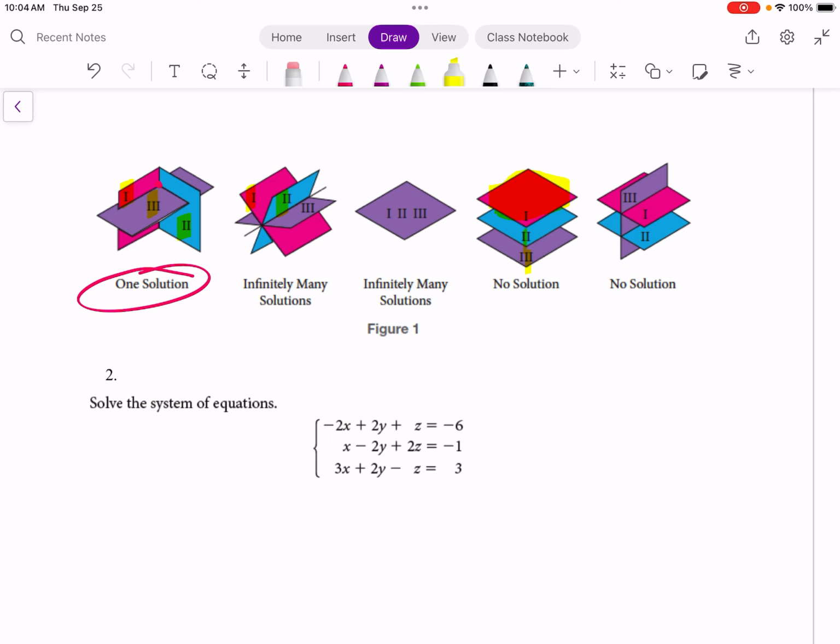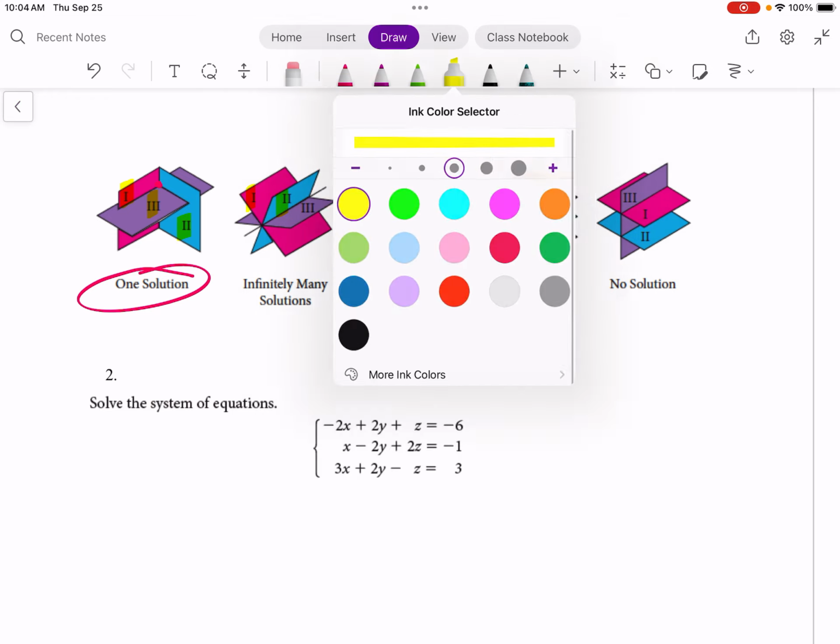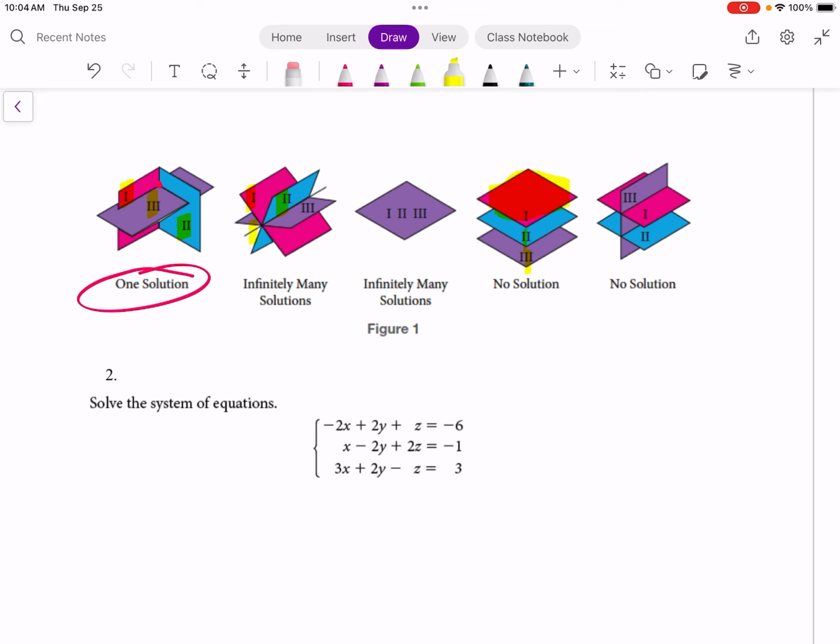So if three planes are connected in a straight line, we have infinitely many solutions. If three planes are exactly the same, we have infinitely many solutions. If planes are parallel to each other, there is no solution. And if two planes are parallel and one is intersecting the other two, there is also no solution. So these are the different cases we will see.